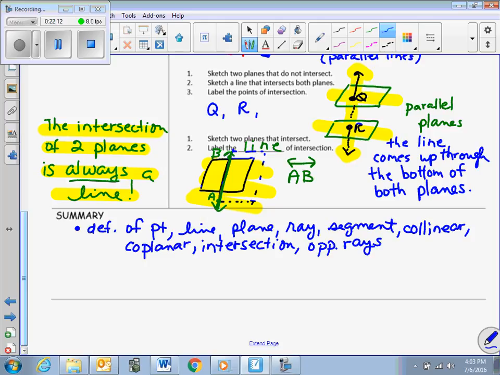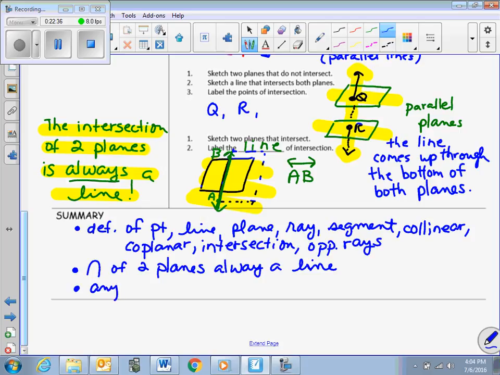And I learned that intersection, and I'm going to use the symbol for intersection of two planes. I'm just going to hit the highlights here, guys. Intersection of two planes, always a line. Oh, another biggie.